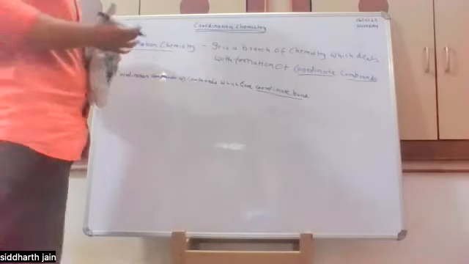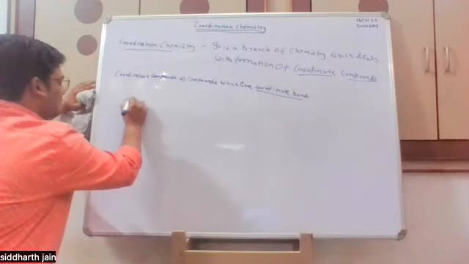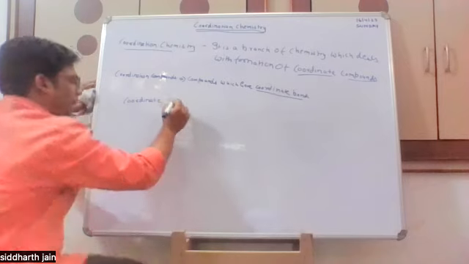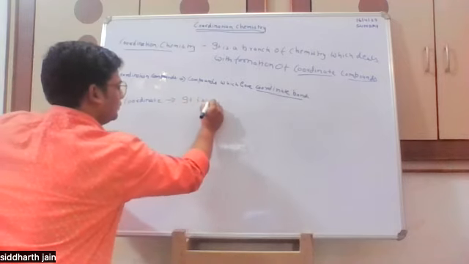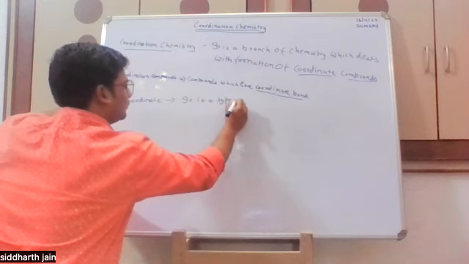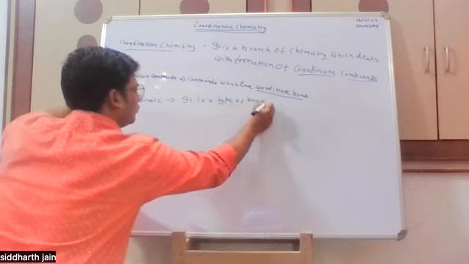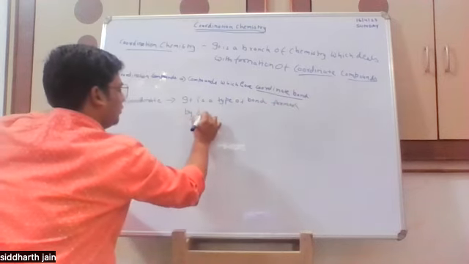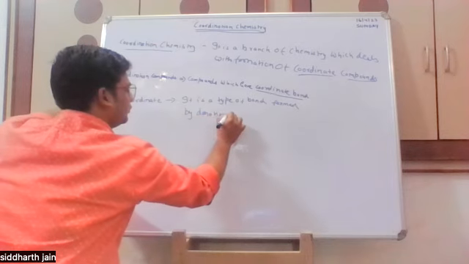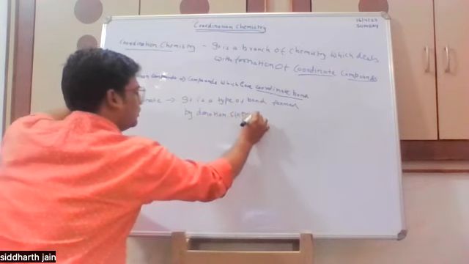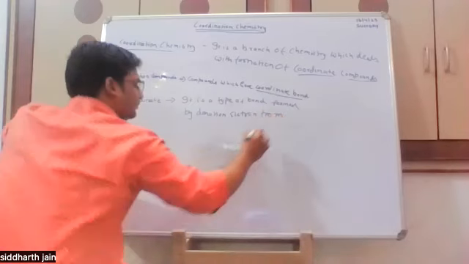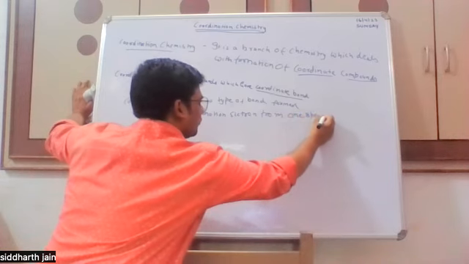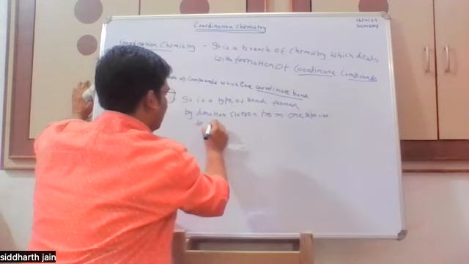So coordinate bond is a type of bond formed by donation of electron from one species to other species.